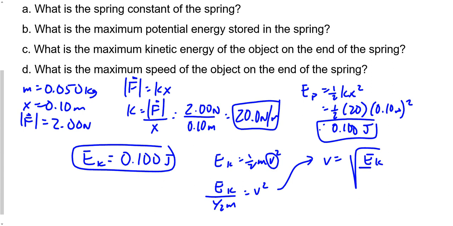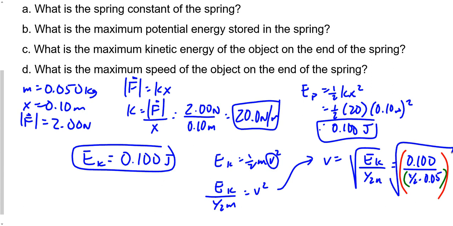So square root, brackets, 1 divided by, inside brackets, 0.5 times 0.05, close the inside bracket and the outside bracket, and it gives me 2.00 meters per second. Good.